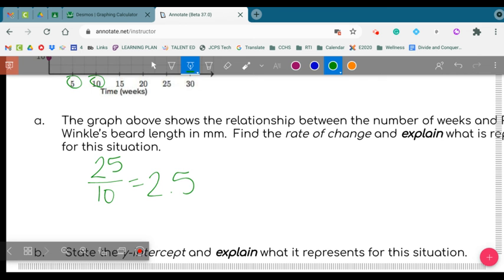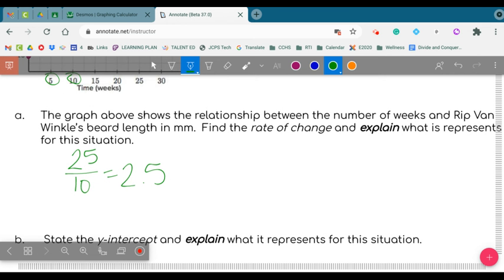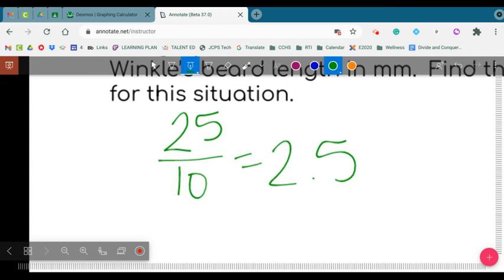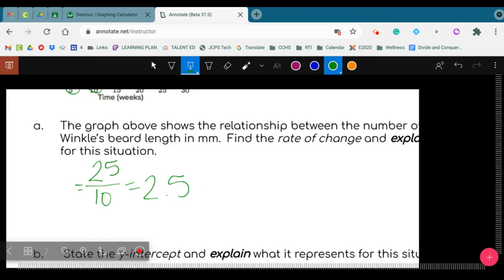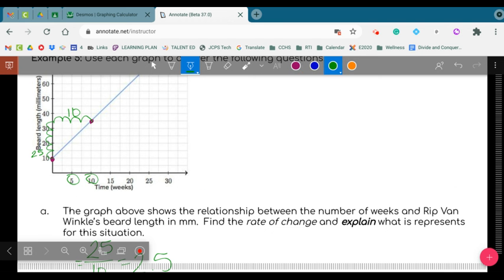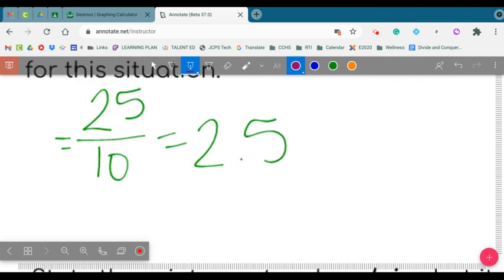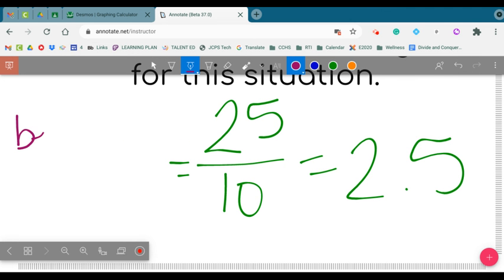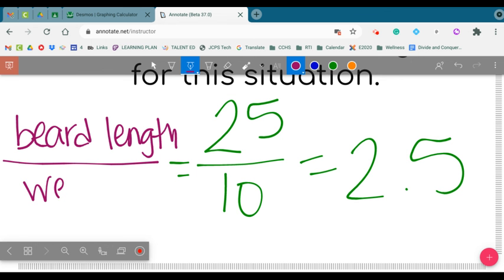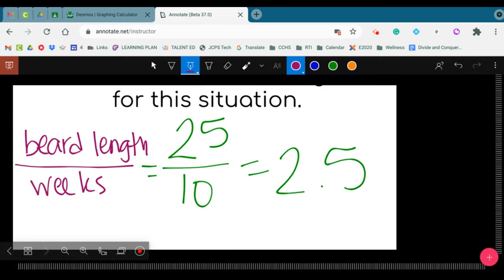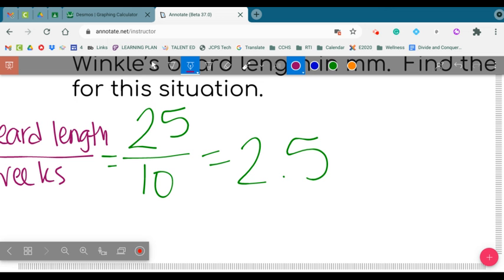So find the rate of change and explain what it represents. If you guys remember, use your label from your y-axis: our y value is his beard length, and our x value is weeks. So we're going to have beard length over weeks. It's the same as saying y over x. So if I have 2.5, this is the same as 2.5 over 1.